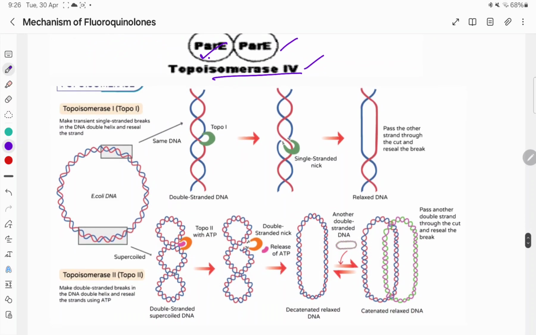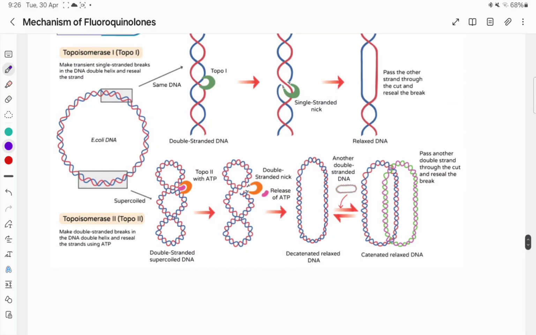And you can see this is the relaxed one. This is a supercoiled DNA, decatenated relaxed DNA, and catenated DNA after replication.